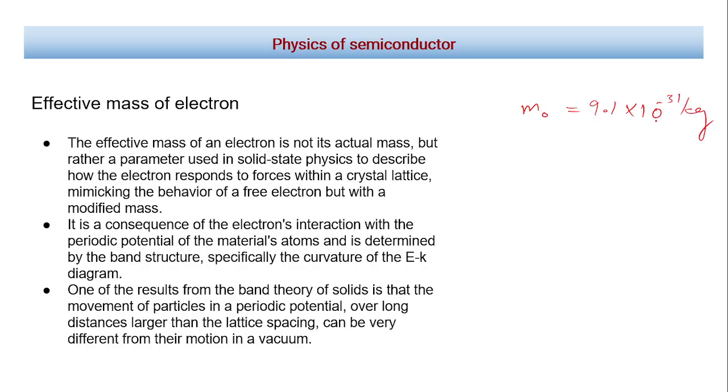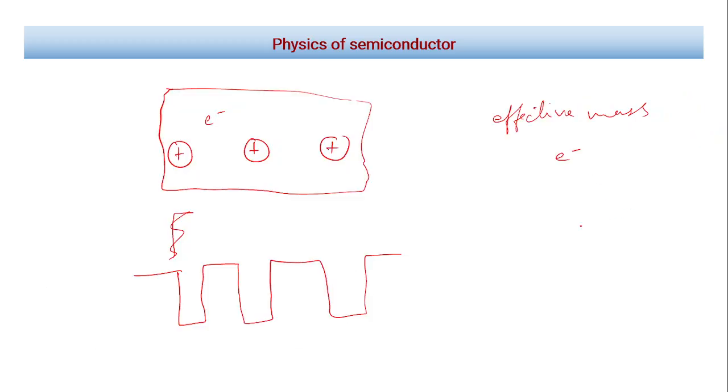This is the actual mass. Effective mass is not the actual mass except at wave vector k equal to 0, but rather a parameter used in solid state physics or condensed matter physics to describe how an electron responds to forces within a crystal lattice. In a solid, the position of atoms is what we know as the crystal lattice.